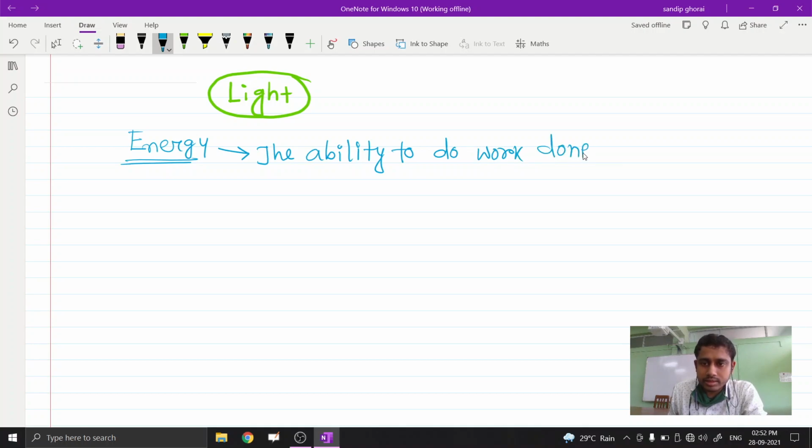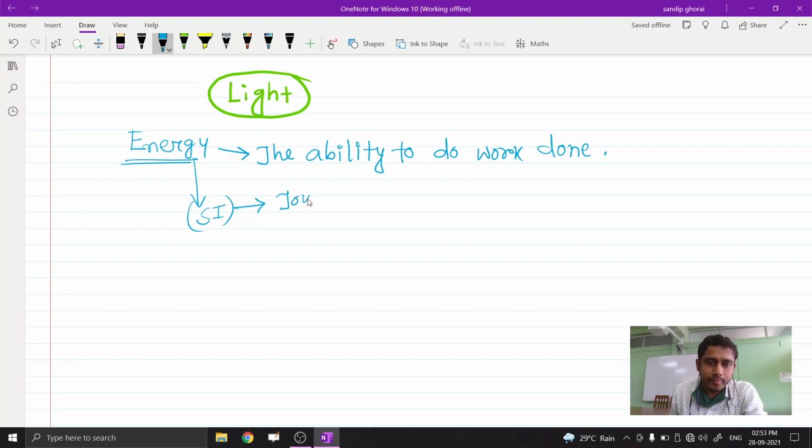When we have sufficient energy, we can complete some hard work. If we do not have sufficient energy, we cannot do the work. That means energy is required to do work.